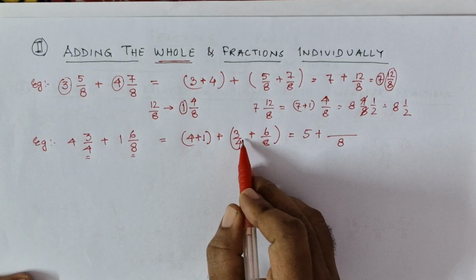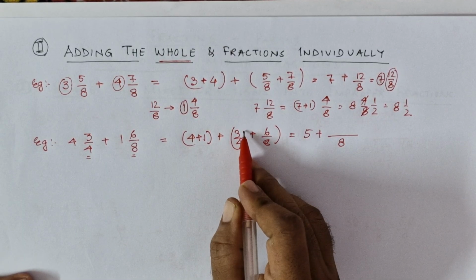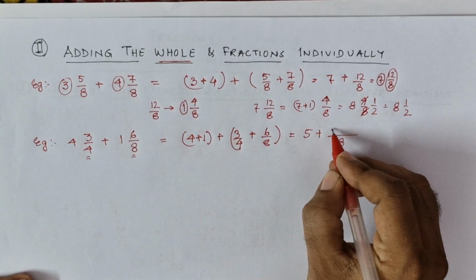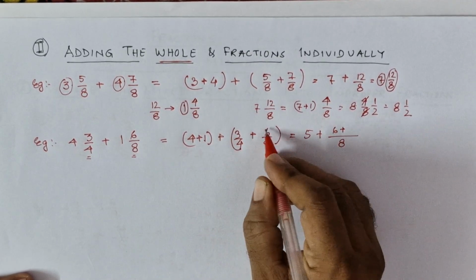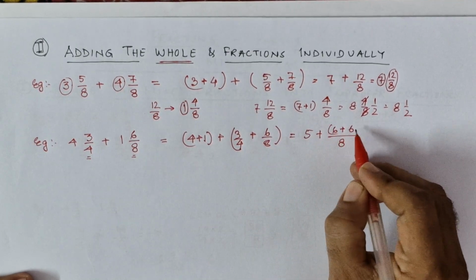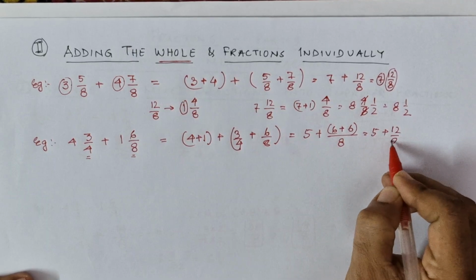If I want to make 4 as 8, I need to multiply 2 in the denominator, hence I need to multiply 2 in the numerator. So 3 twos are 6, and the 6 remains as 6 here because the denominator is 8. So 6 plus 6, it becomes 5 plus 12 by 8.